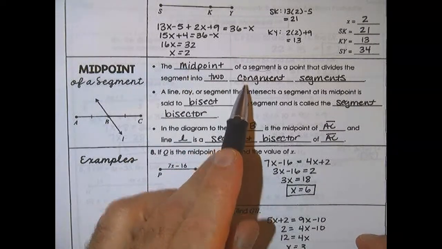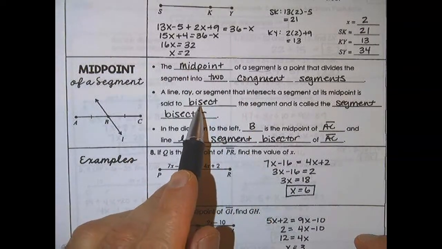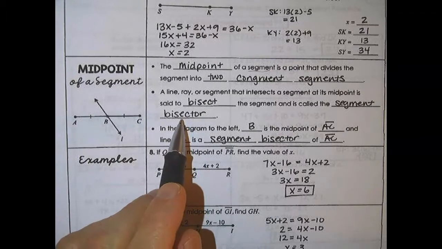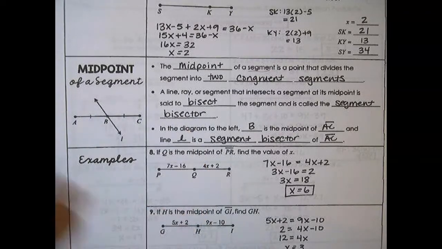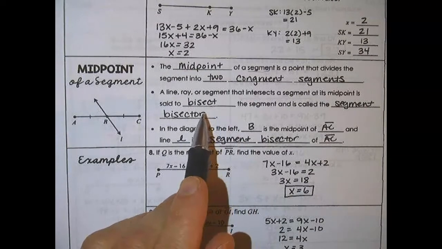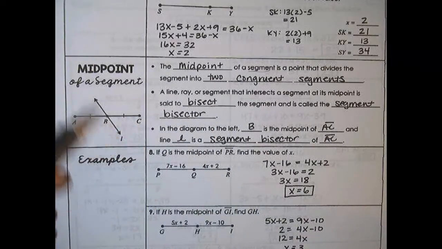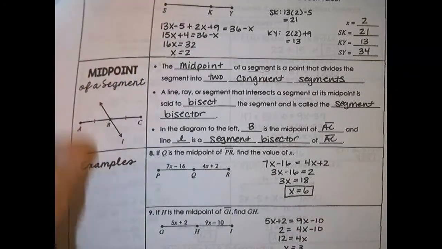It forms two congruent segments, and we related that to a segment bisector. So we're doing the same thing to angles that we did to segments, and that's why the word bisector is the same. We're cutting angles in half with a bisector, and something that cuts an angle in half is a ray. We cut a segment in half, like this segment AC, with something that could be a line, or a ray, or even a point, anything that cuts it in half.